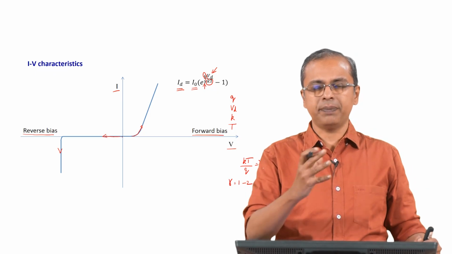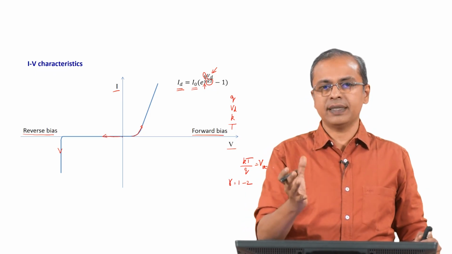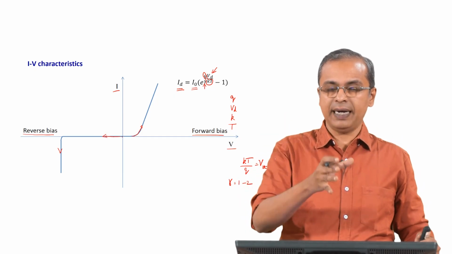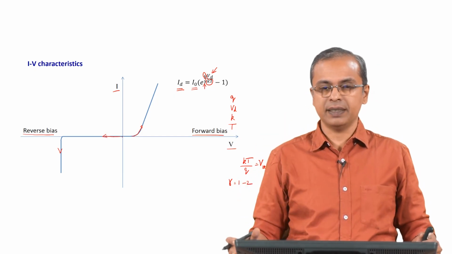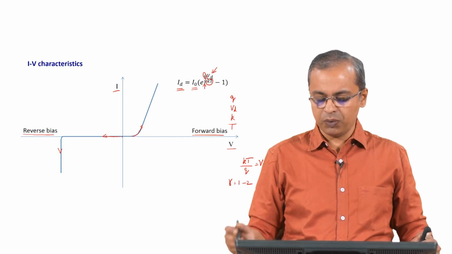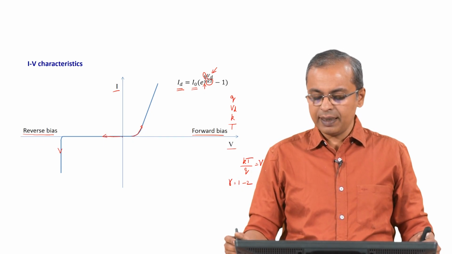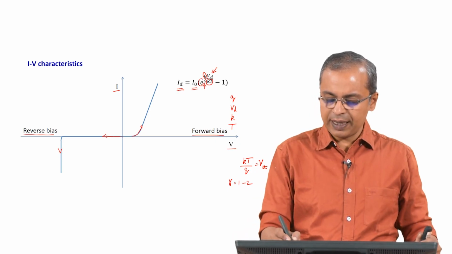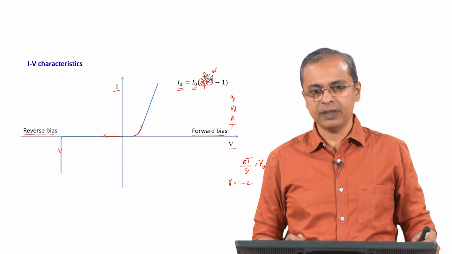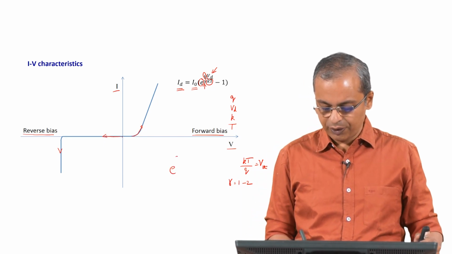It is something representing how ideal or non-ideal the system is. In fact, it relates to all the discussion that we had on direct bandgap semiconductors, indirect bandgap semiconductors and so on.